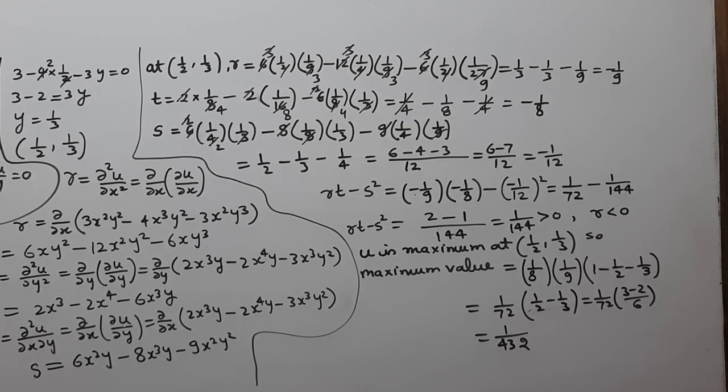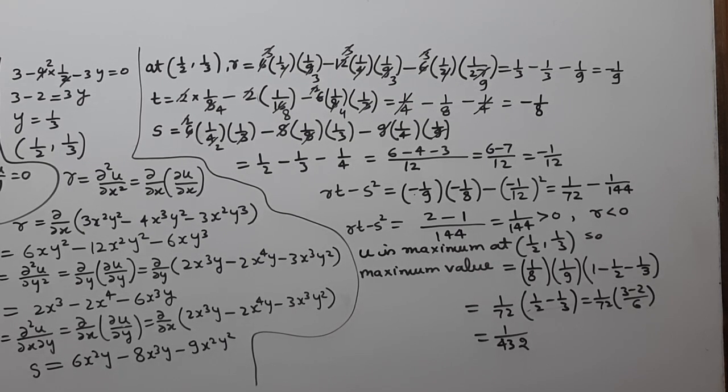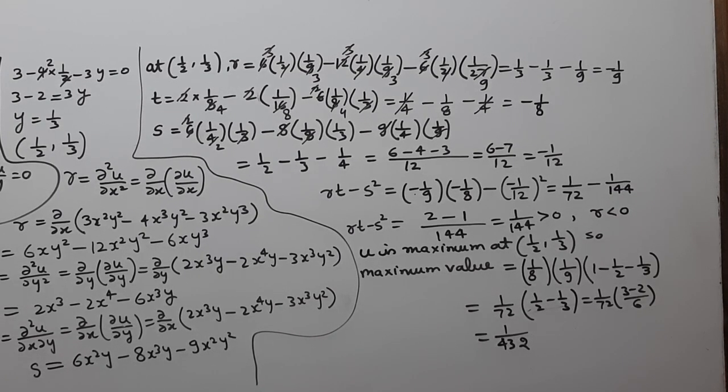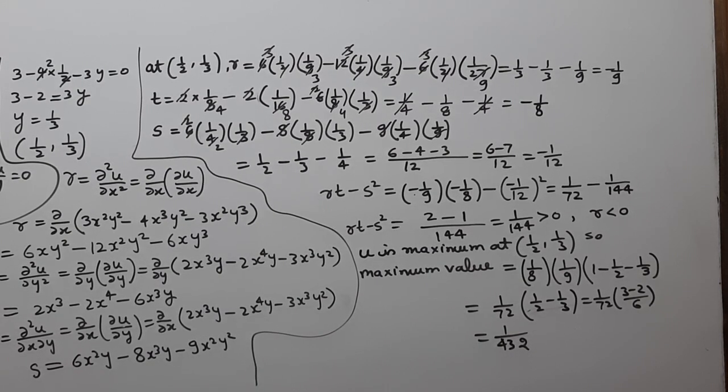After that, we find r, s and t. r is the second order partial derivative of u with respect to x, t is the second order partial derivative of u with respect to y, and s is del 2u by del x del y.